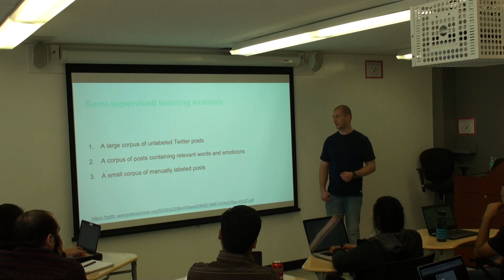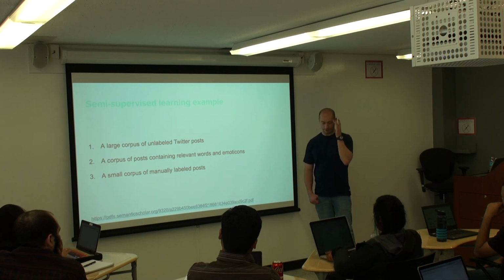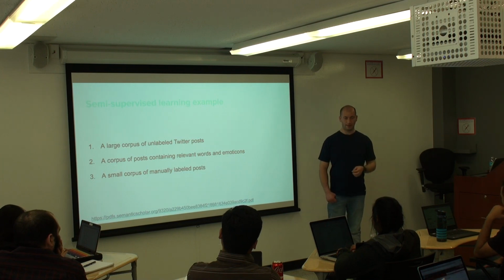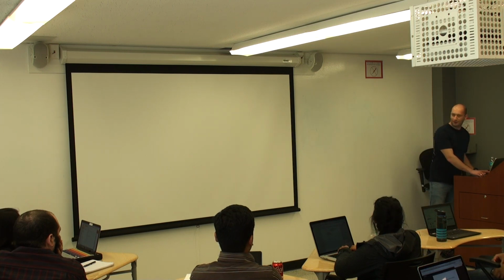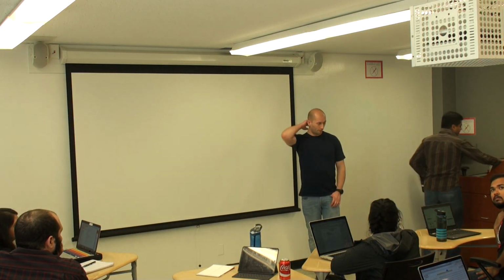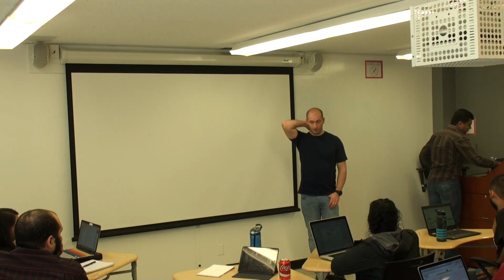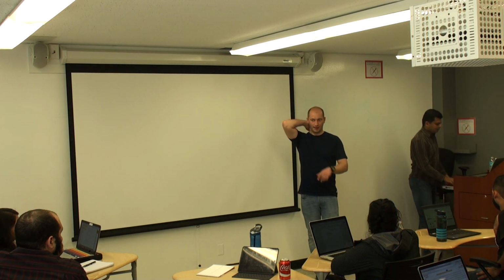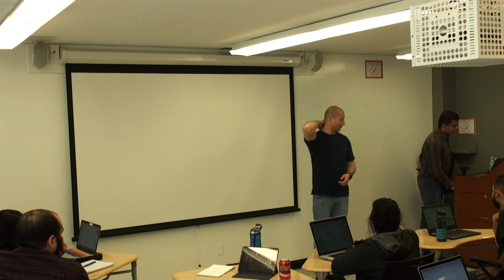So what they did is that they took a large corpus of unlabeled posts and they trained word embeddings on them. And then they retrained the convolutional neural network on the posts that contained emoticons, because a happy smiley is probably a positive post and vice versa.